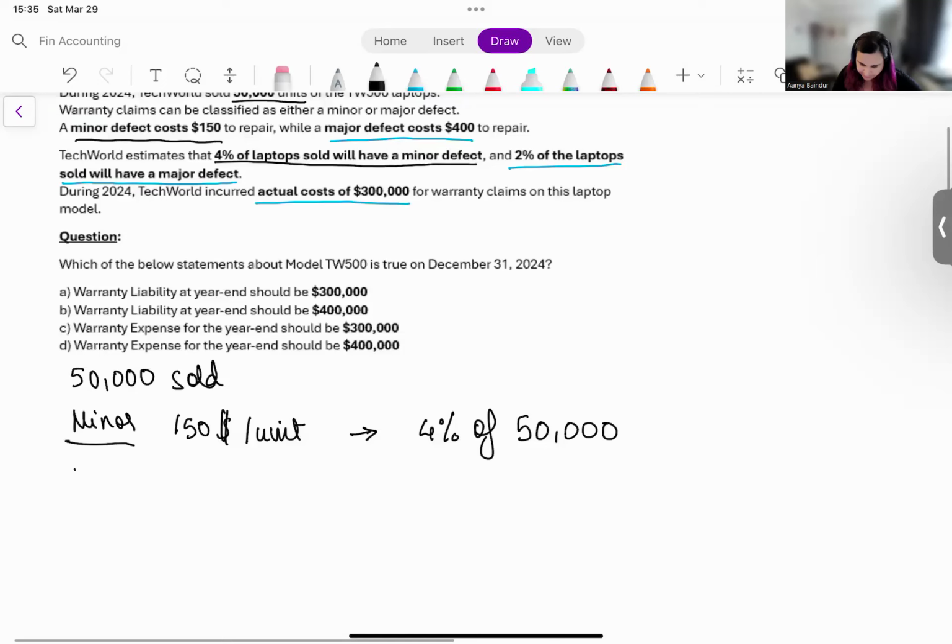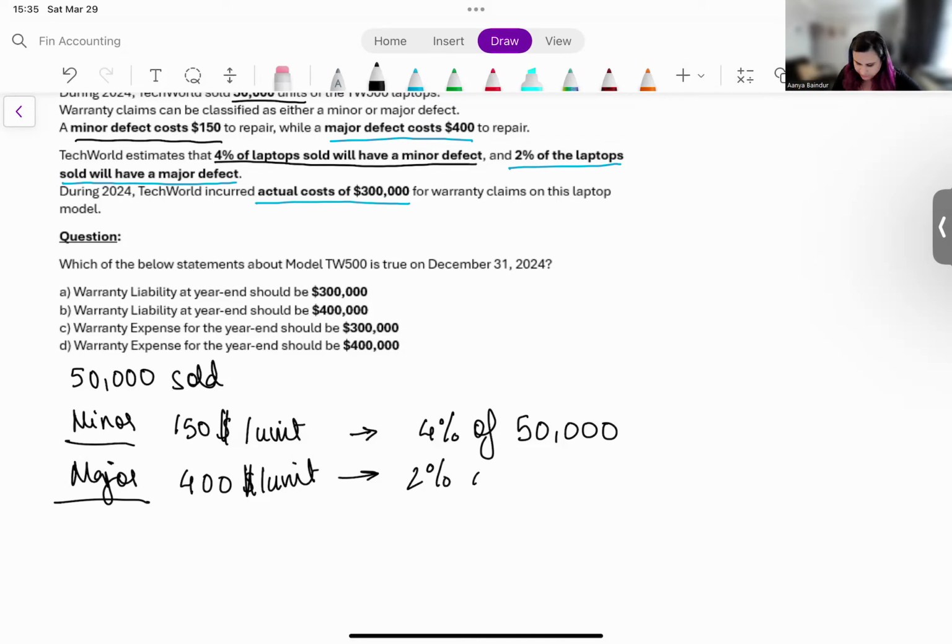At the same time, major repairs cost $400 per unit and account for 2% of all laptops sold. So let's see what this 4% and 2% correspond to. Let's do the math on that.